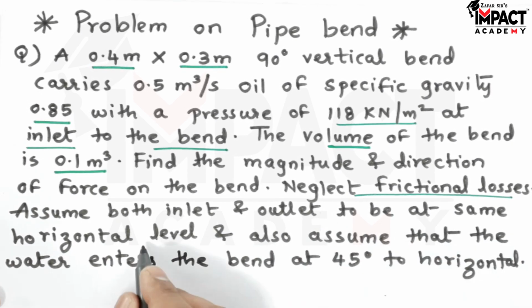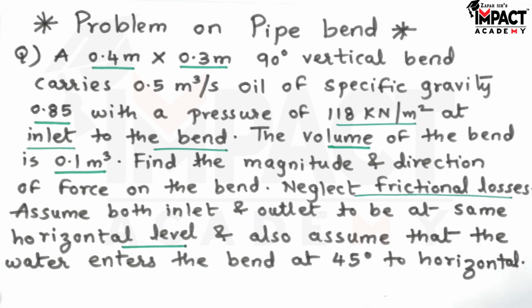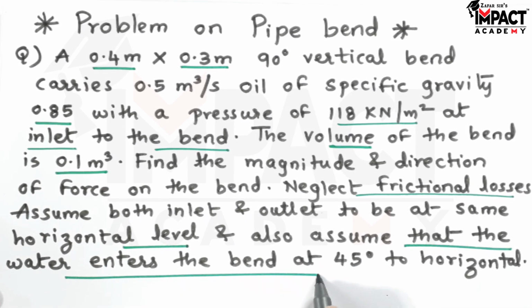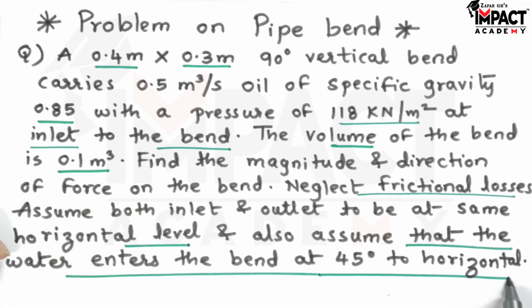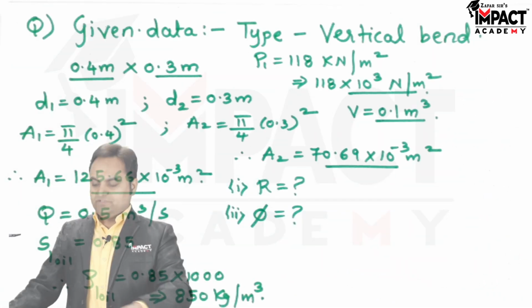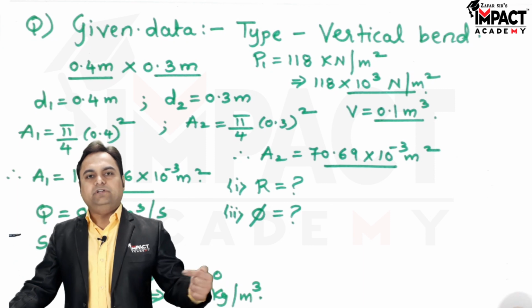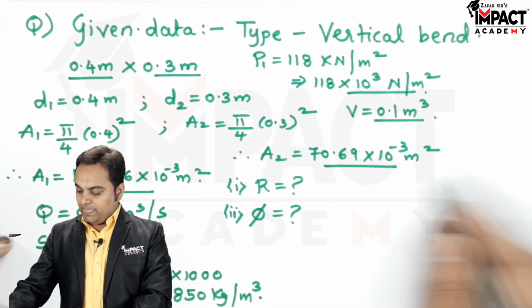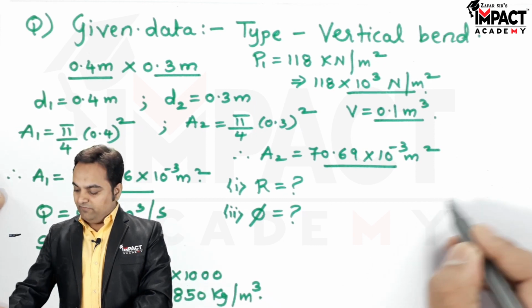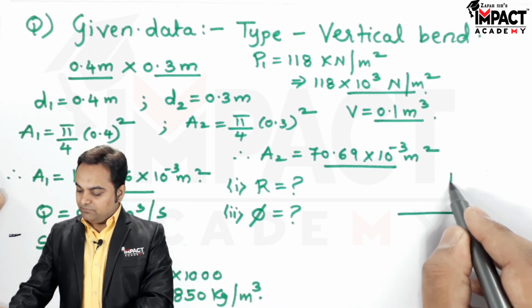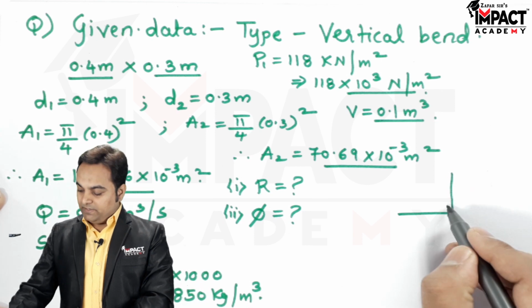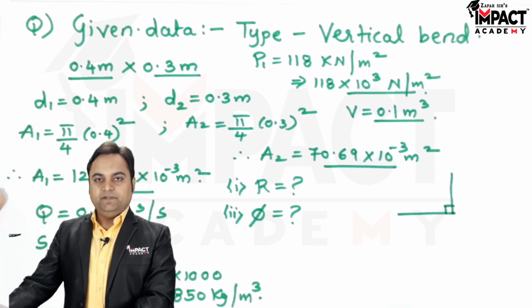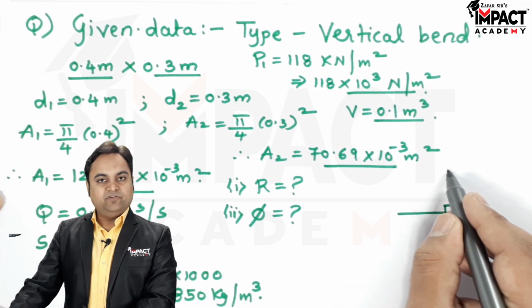Assume both inlet and outlet to be at the same horizontal level. So another condition is given, that inlet and exit are at the same horizontal level, and also assume that the water enters the bend at 45 degree to horizontal. It means the bend is of 90 degree and the water is not entering horizontally, but it is entering at an angle of 45 degree. So roughly, I'm just showing it with the help of a line diagram, that here we have a 90 degree bend indicated with the help of a line.